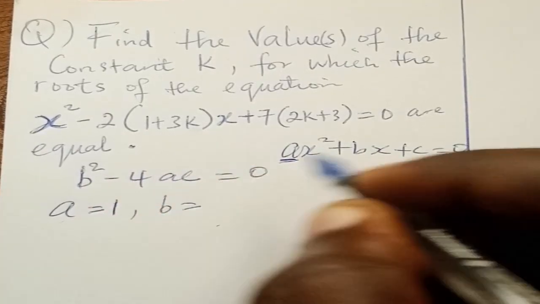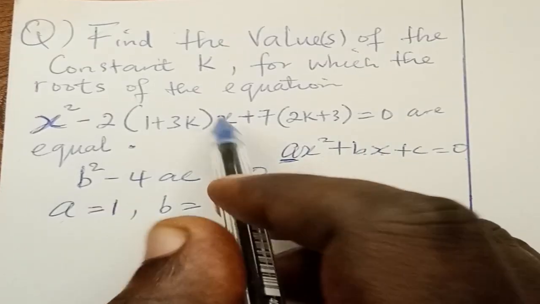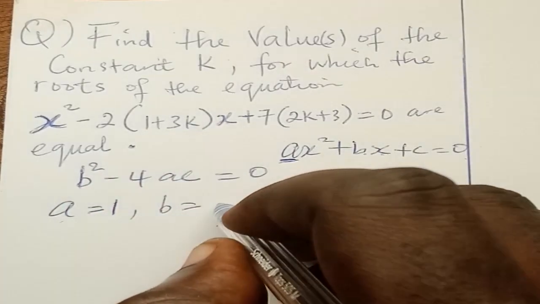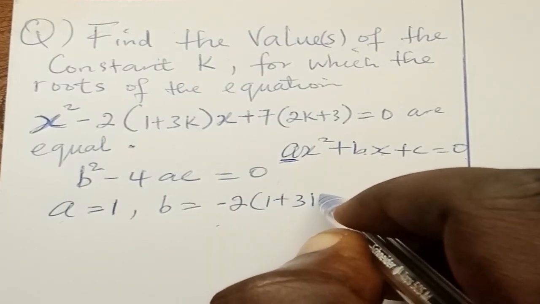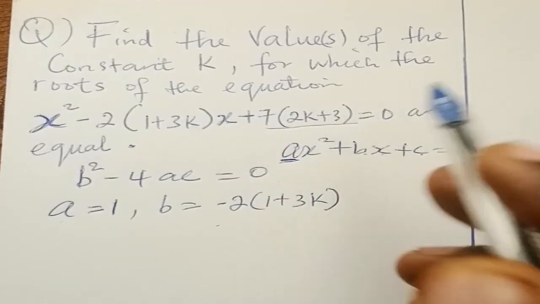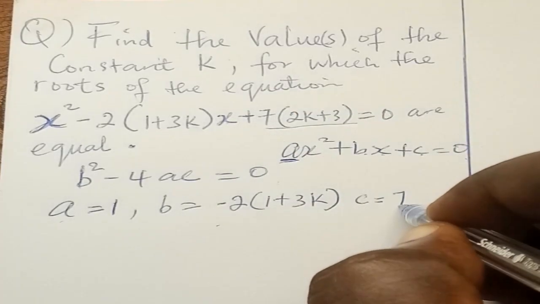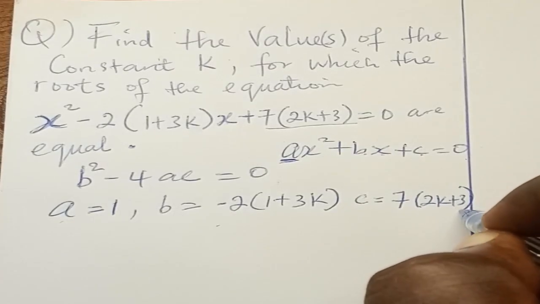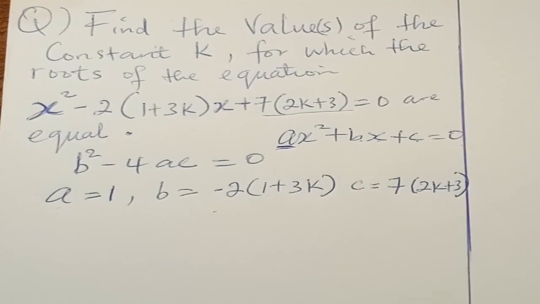The b, which is the one in front of the x, is minus 2(1 plus 3k). And the c, which you can see here is the constant, is equal to 7 into (2k plus 3).